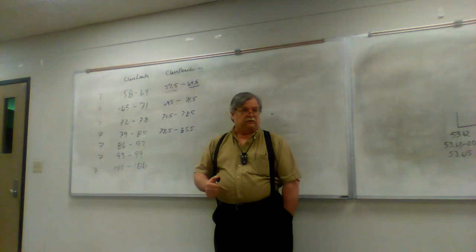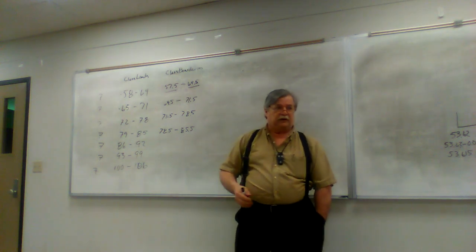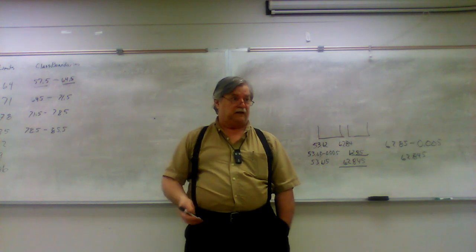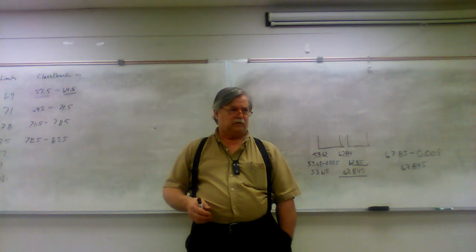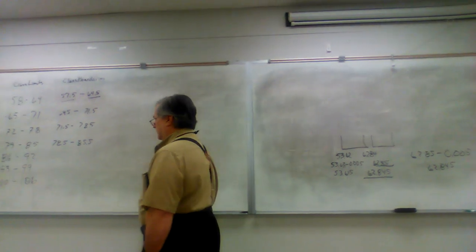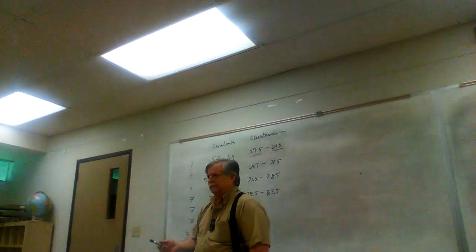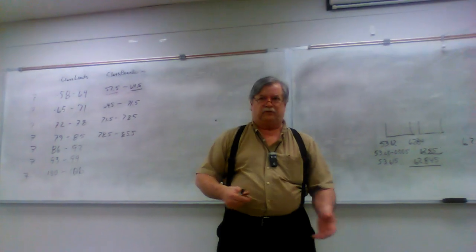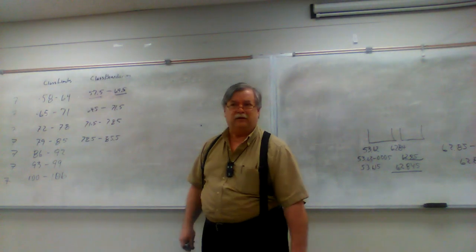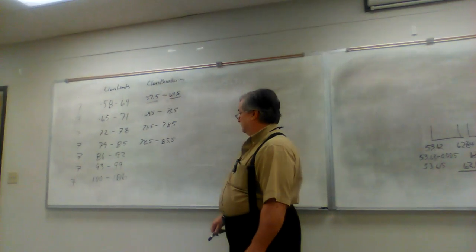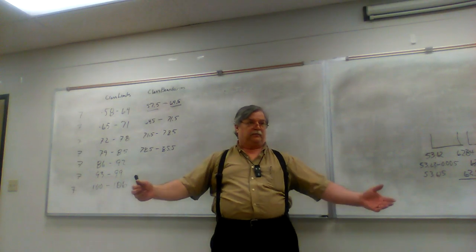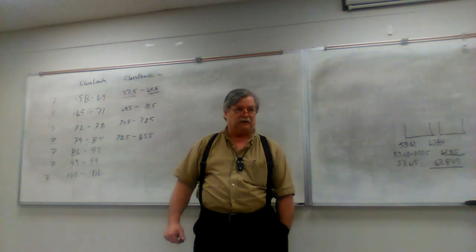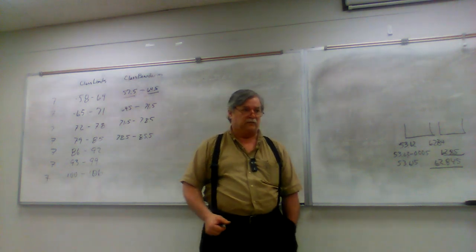Then that tells you that you've divided your raw data into too many classes. You don't need that many classes to give a good picture of that data set. The other side of that coin is if you just divide it into one class, and say, well, it's from 58 to 106, then that's not a distribution, that's just a tally, a summation. You're just counting the number of samples you took.